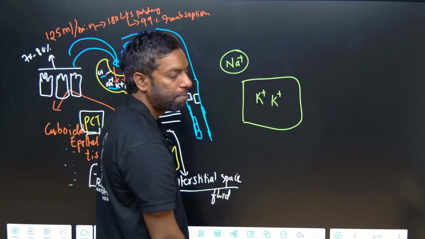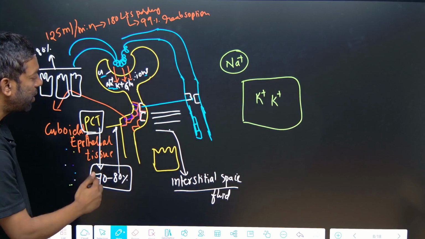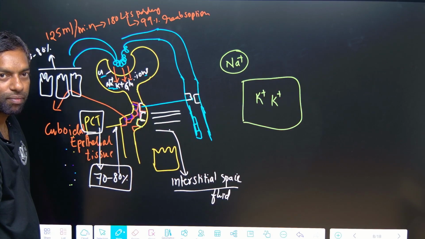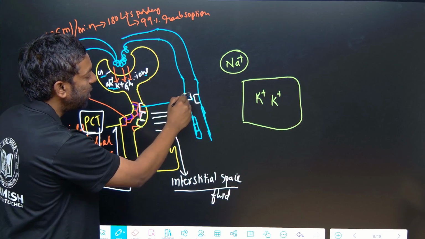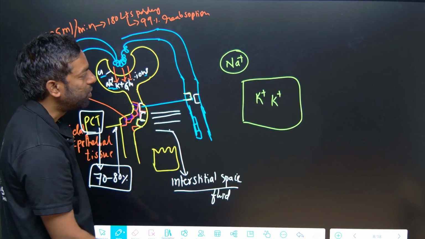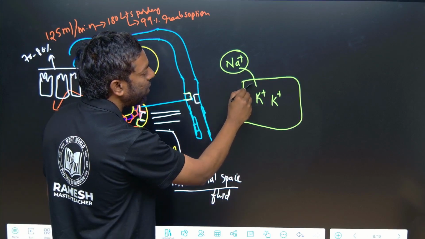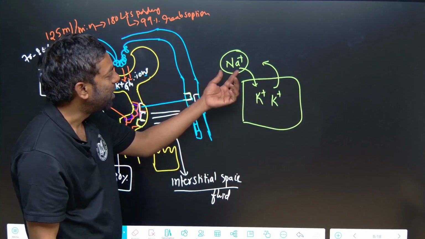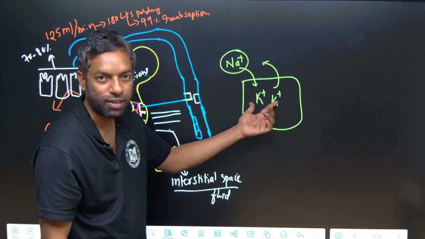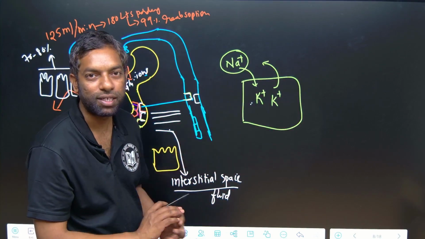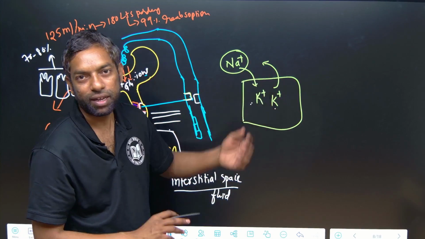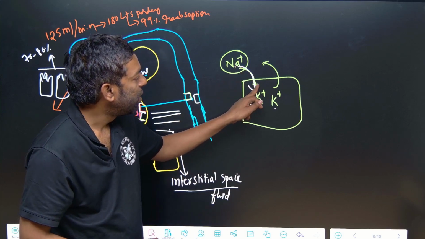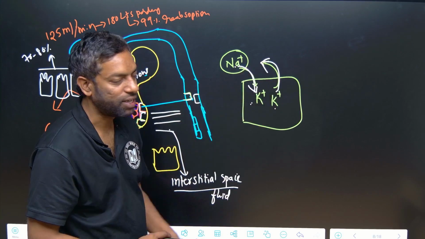Look at these brush border epithelial cells and the endothelial cells. Sodium always tries to enter and potassium always tries to exit, because of movement from high concentration to low concentration. Sodium is in high concentration outside the cell, and potassium is in high concentration within the cell.